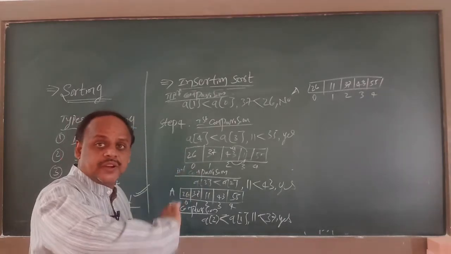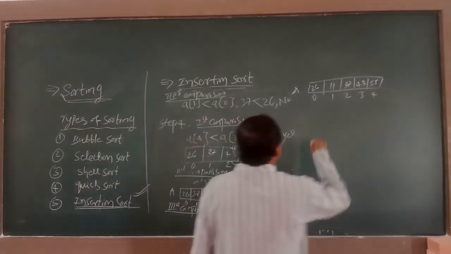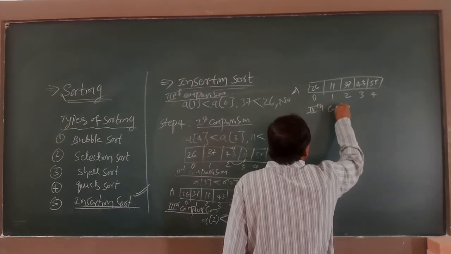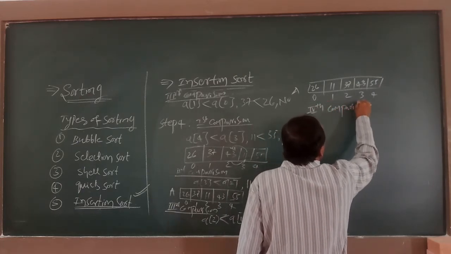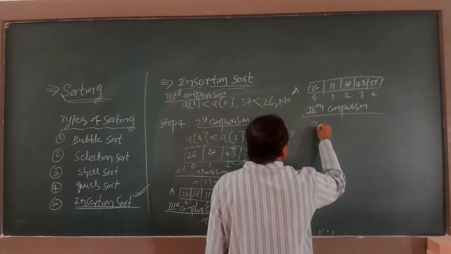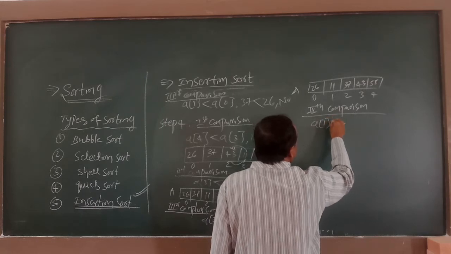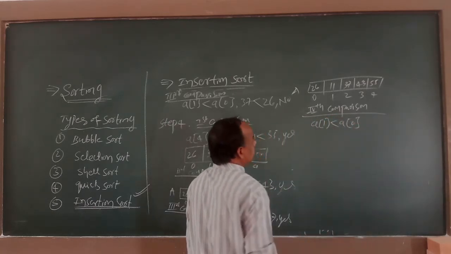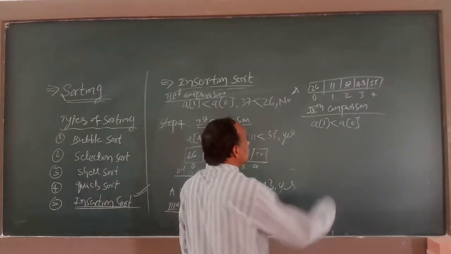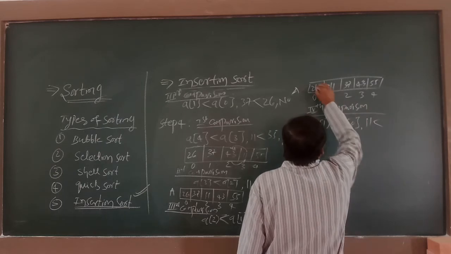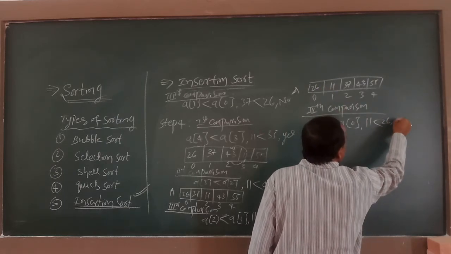Now consider A of 1 and A of 0, that is fourth comparison. A of 1 is less than A of 0, that is A of 1 means 11. 11 is less than A of 0 means 26.